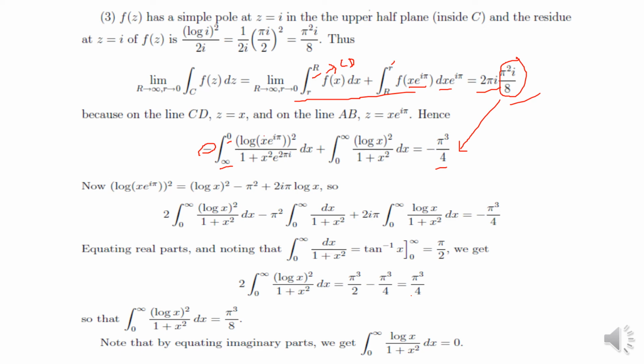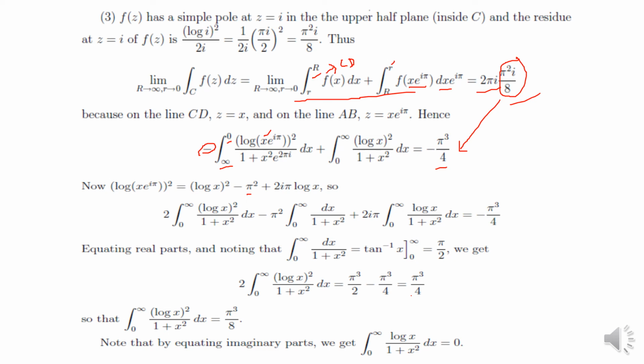And now we take the numerator of this. (log x e to the power i pi) whole square is (log x plus log e to the power i pi) whole square, which can be written as (log x) whole square plus i square pi square, which is minus pi square, plus 2 i pi log x.